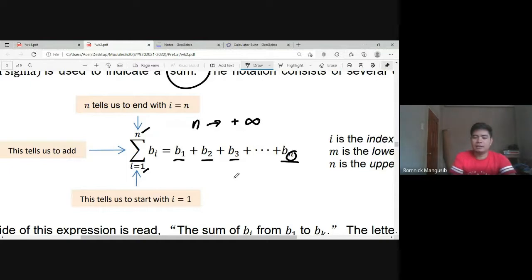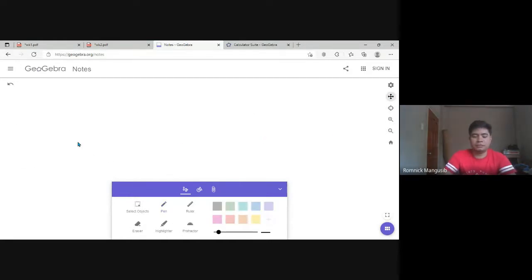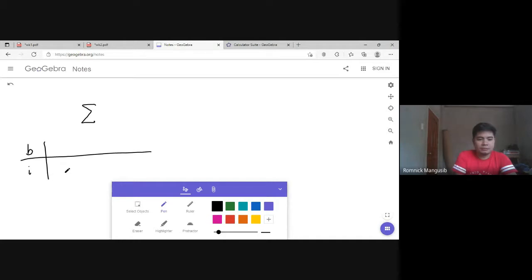So technically, get the total. So madalas sa mga ganyang tanong, kung naibigay yung mga values, halimbawa ito, let's say ang ibinigay na values ay, this is I and that is B. So from 1, 2, 3, 4. Ang value ng B for I that is equal to 1, let's say 3. This is 7. This is 2. This is 6. Usual problem sa mga ganito where I starts from 1.